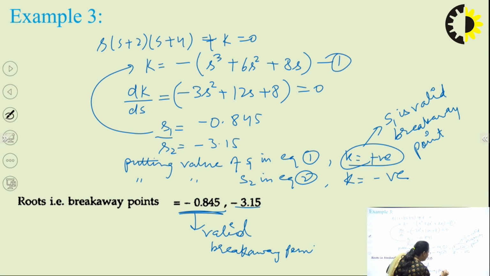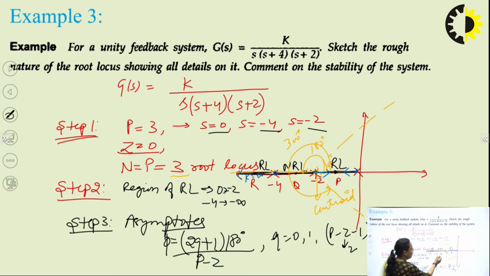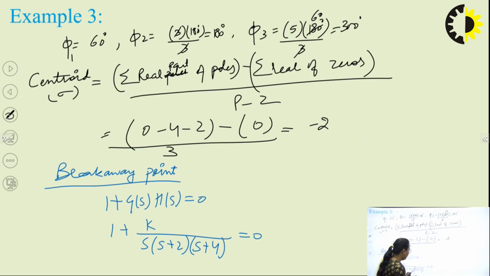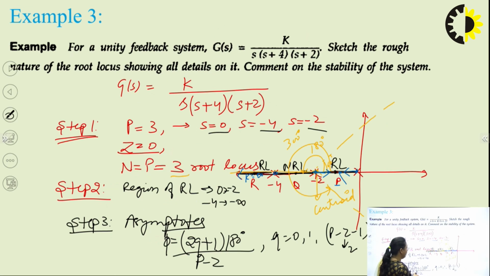So now those two branches which are originating from the open loop poles at minus 2 and 0 will meet at minus 0.845, and they'll break away, and one branch will go towards here and another will go towards here.